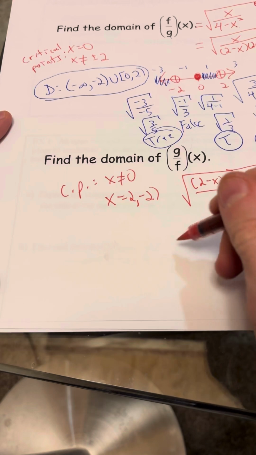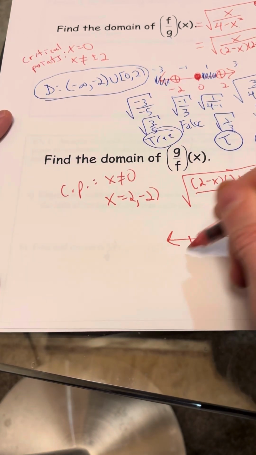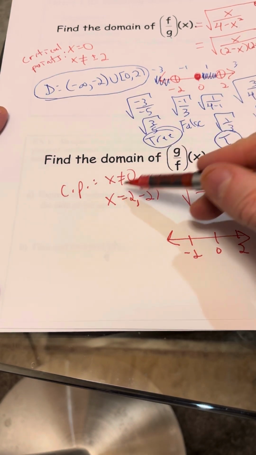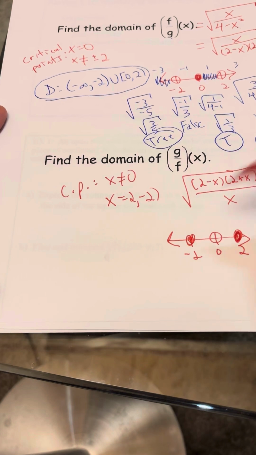We're going to have the exact same values on our number line. Good news is we do not have to retest anything because the positives and negatives won't change. It'll just be a matter of all of the fractions being flipped. Now, though, because these are zeros in the numerator, we're going to have a closed dot there, an open dot at 0, and a closed dot at negative 2.